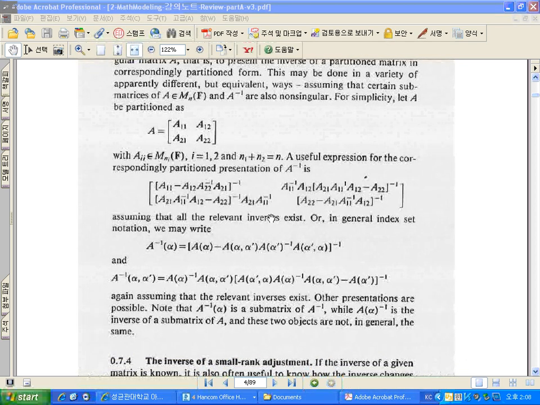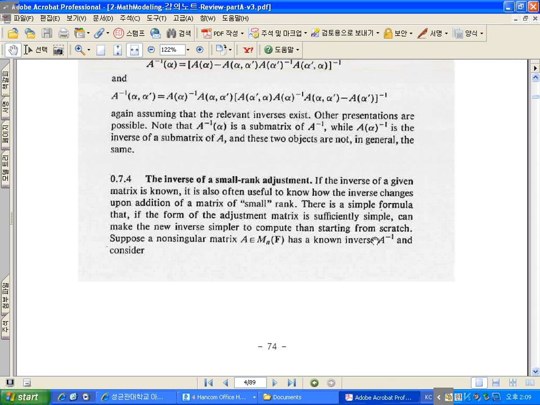So when we deal with a large matrix, if we have proper information on the smaller submatrices, then we can use that information to get information on the original big matrix. That's the idea.